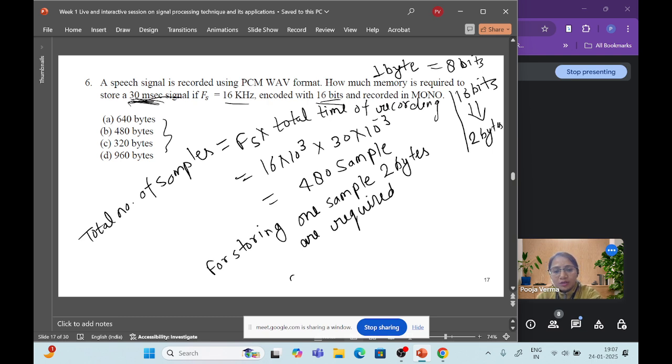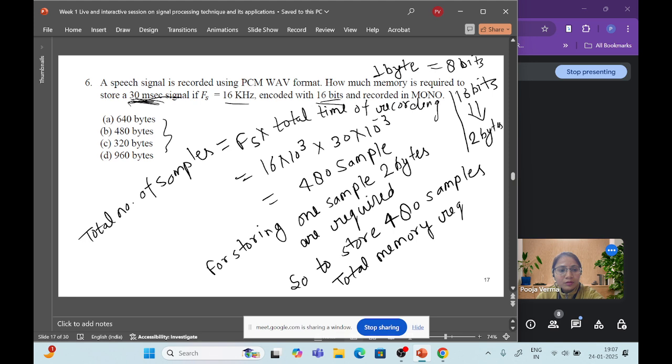So now how many samples are there? To store 480 samples, the total memory required is, for one sample 2 bytes are required, so 480 into 2, right?